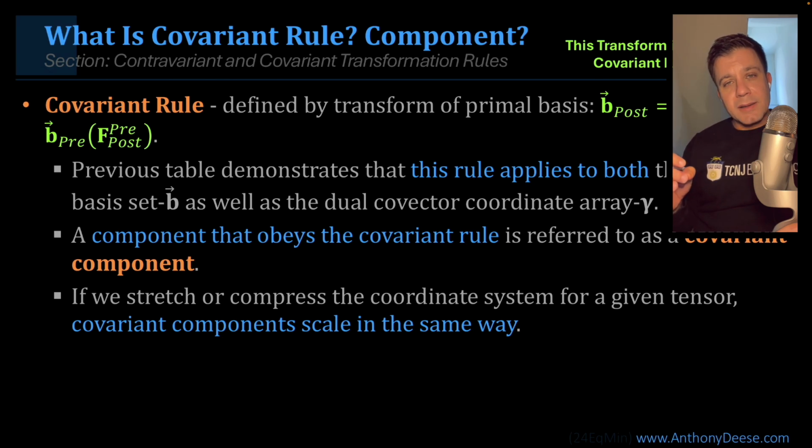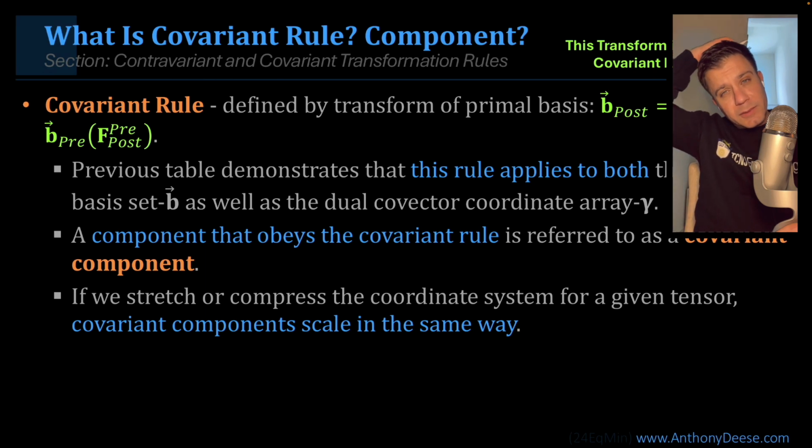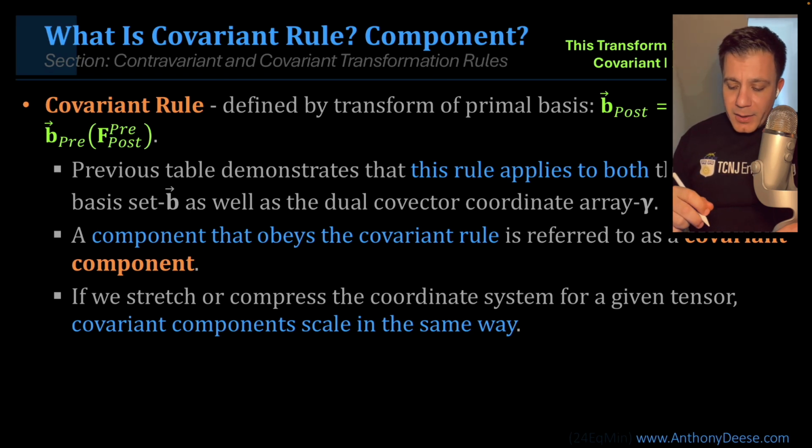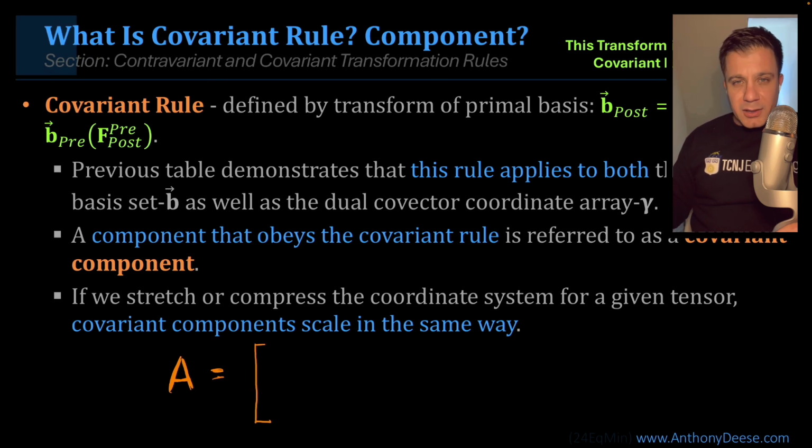A lot of this comes down to understanding what are covariant components that follow covariant rules, and what are contravariant components that follow contravariant rules. We haven't really discussed those terms at length, but we are familiar with what they mean with respect to indices. If we have a matrix A, we can identify the individual elements in terms of two different indices.